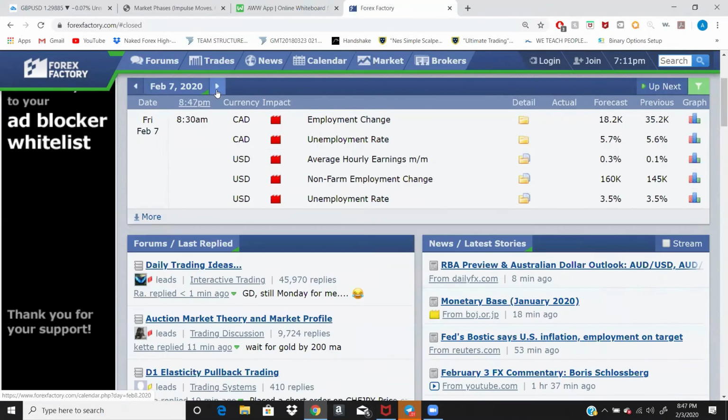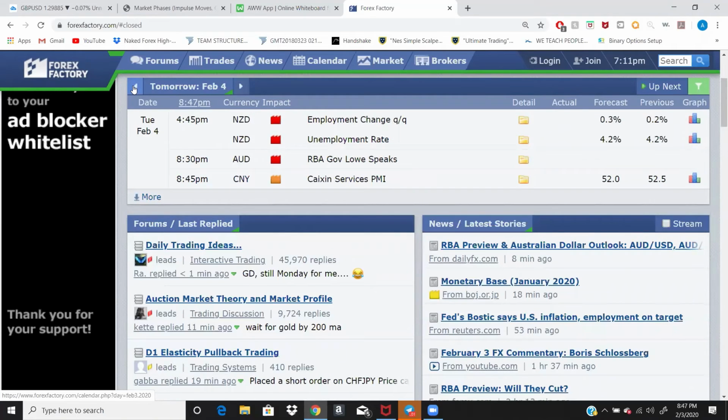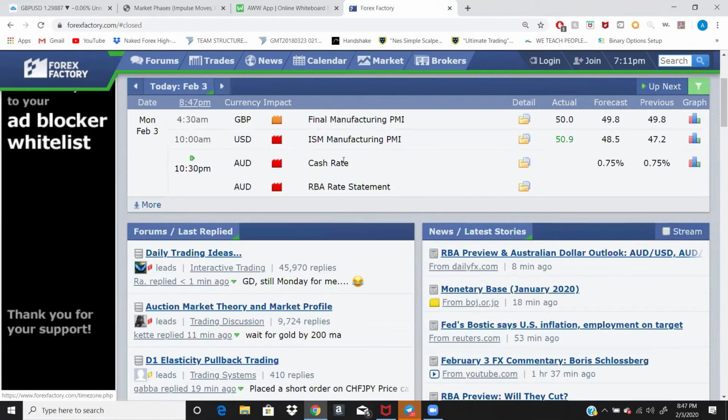So it's really a heavy week for AUD, and then Friday NFP, obviously CAD and USD. So really a lot of red folders for AUD, and this should really be the week where they actually do something about their economy, because they're gonna either try to make it or they're just gonna break it for good.